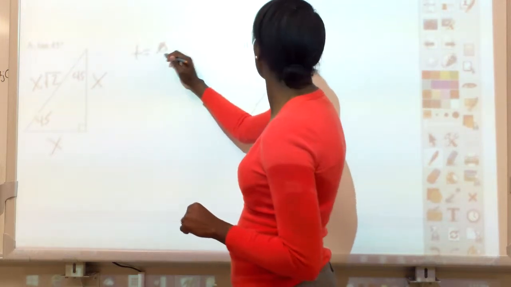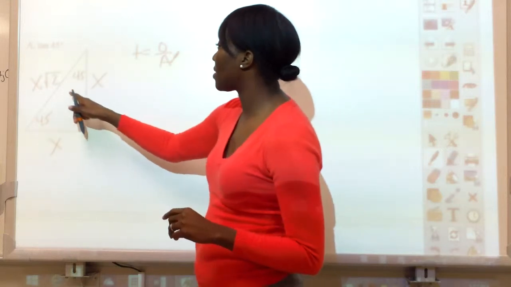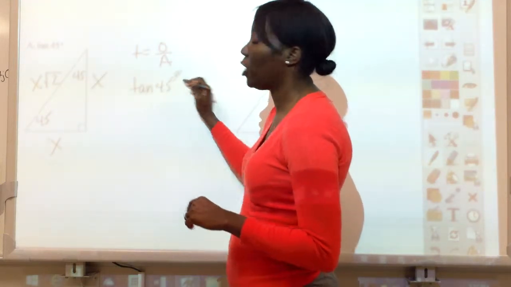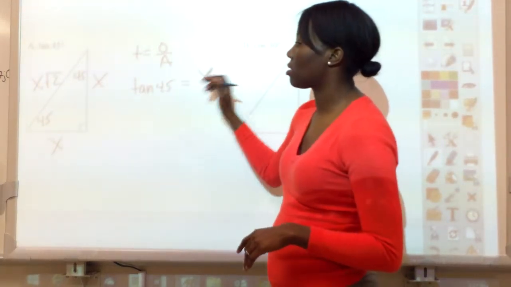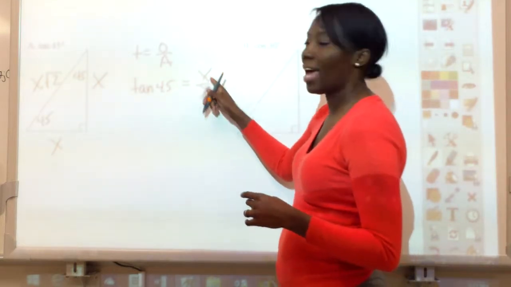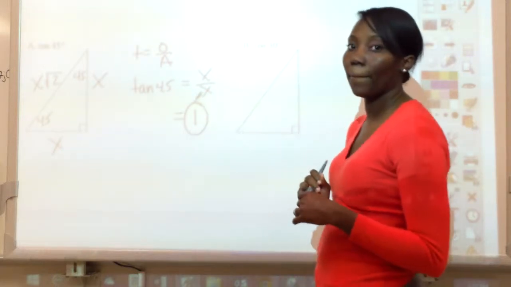Tangent is opposite over adjacent. And so opposite of tan 45, and you could choose either leg, is x, and of course the adjacent leg is still x. And so x over x, tan of 45 is equal to 1.